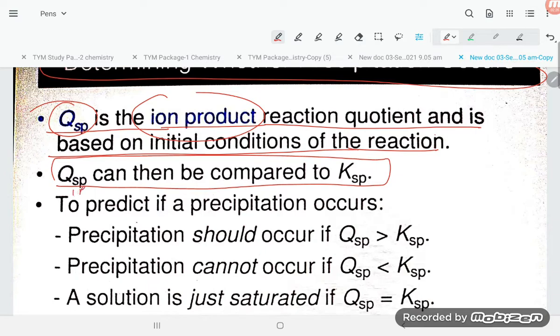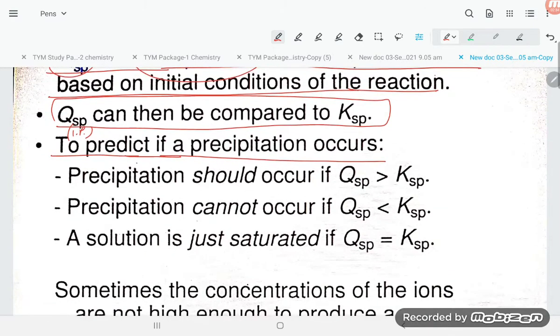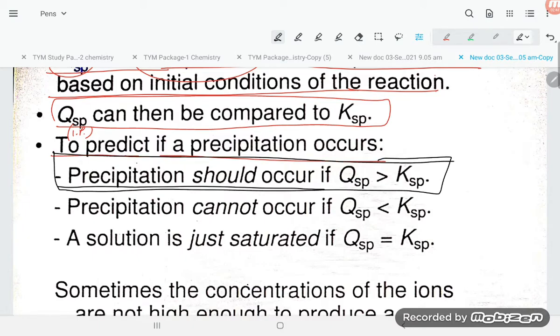Qsp means ionic product, simple, and we consider it to predict if the precipitate occurs. How can you say that precipitation will occur or not? First point, precipitation should occur if Qsp is greater than Ksp.